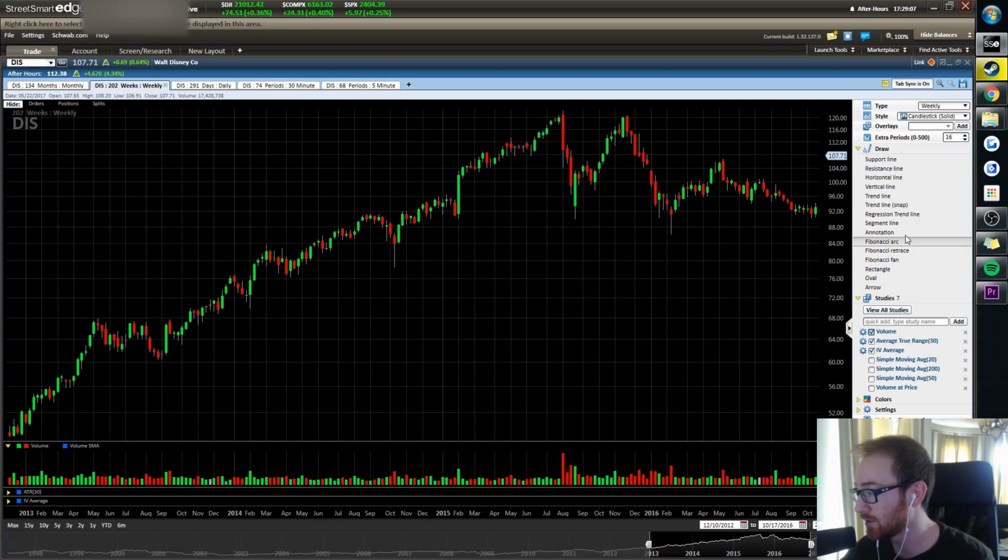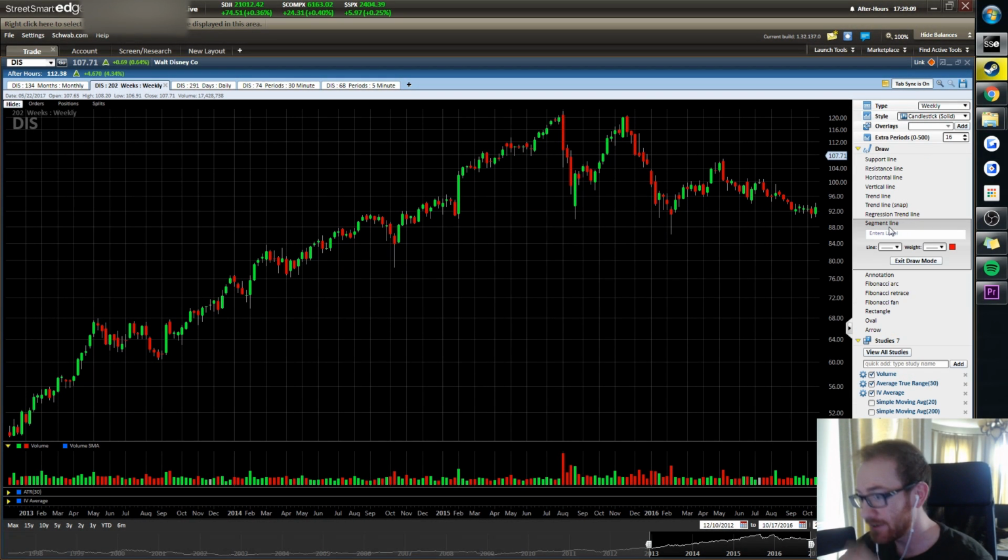So volatility, the dumbed down version of it, is how much stocks are moving up and down, right? The price range of a stock. And you can see Disney had pretty high levels of volatility, especially for this stock, throughout the early part of 2015, all the way until we're looking at about October of 2016.